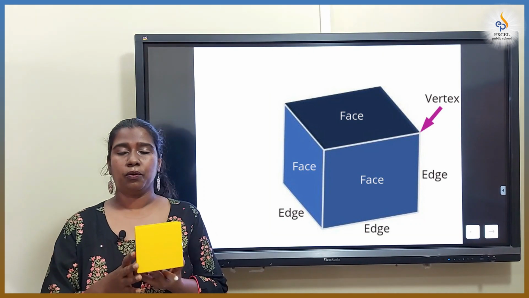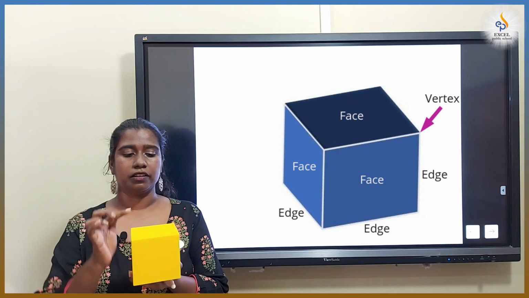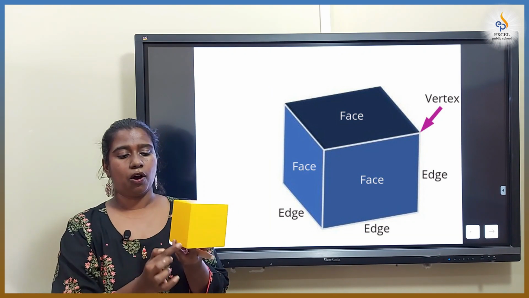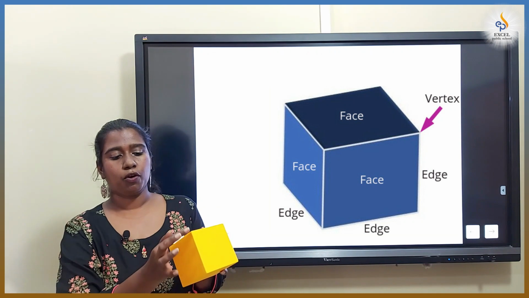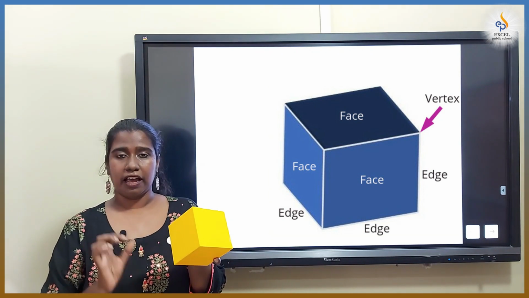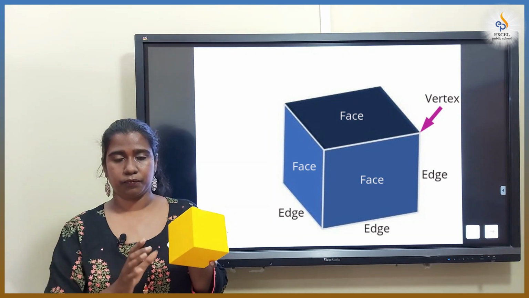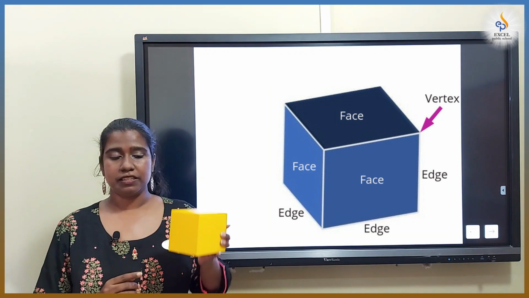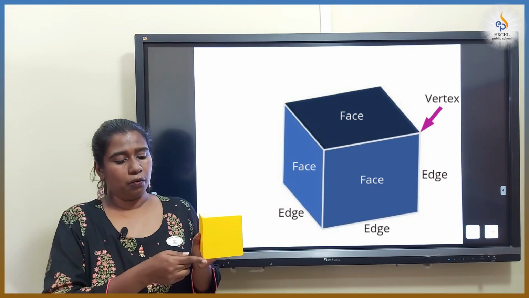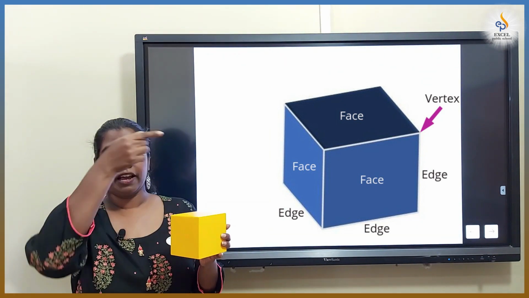Let me show you what is a vertex. Vertex means the corners. All the 3D shapes will have corners. So, vertex means corners and the plural form of vertex is vertices. Edge means the lines. So, we can easily move our finger along an edge.